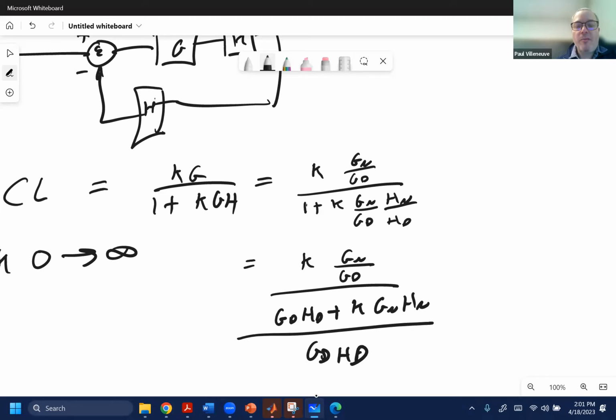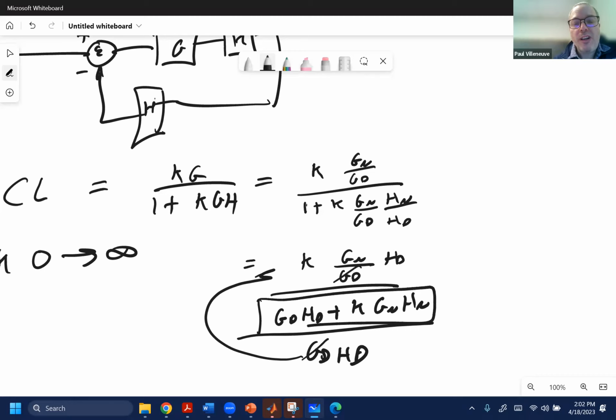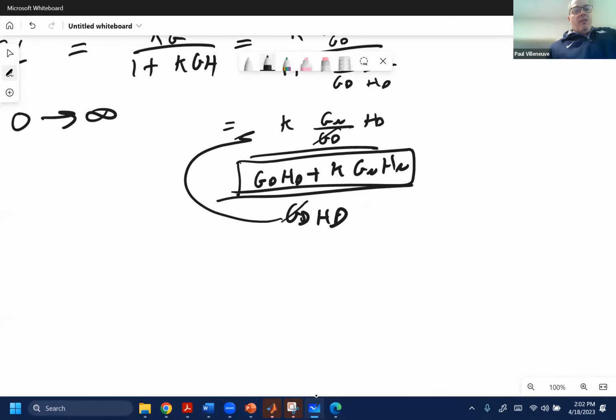When I invert and multiply, this gets moved to the top and cancels out the Gds, so I'm left with an Hd up here. The roots of this equation, which is my characteristic equation, determine the response. So I have Gd Hd, that's denominator, plus K Gn Hn.